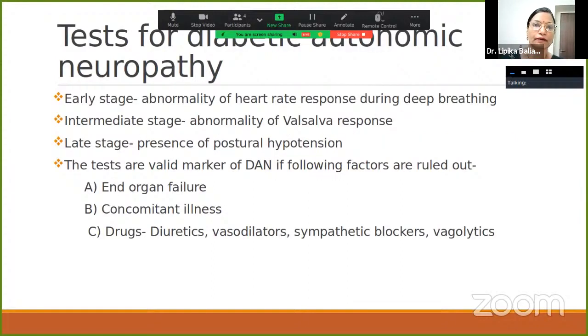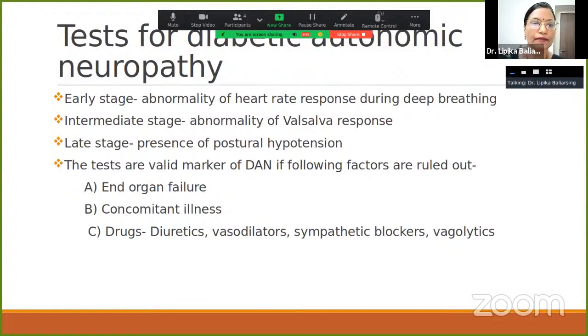For the test for diabetic autonomic neuropathy, as I told you, in the early stage there will be abnormality of the heart rate response during deep breathing. In the intermediate stage, when the hyperglycemia is not treated and the situation is worsening, the metabolic state is not getting better, then gradually the autonomic neuropathy also progresses.